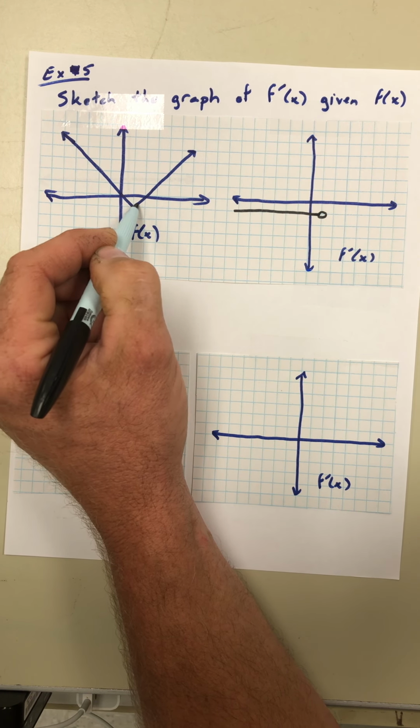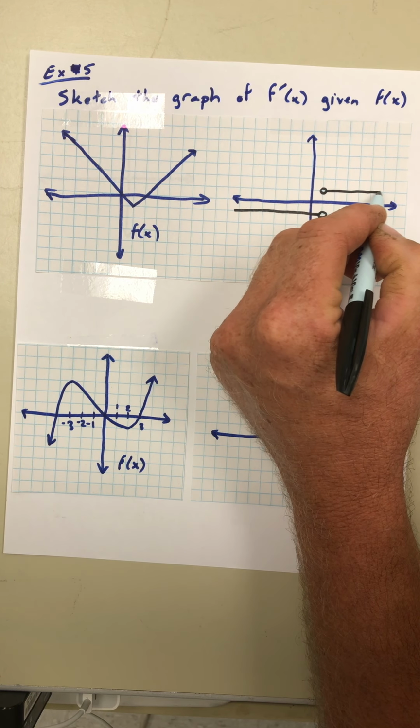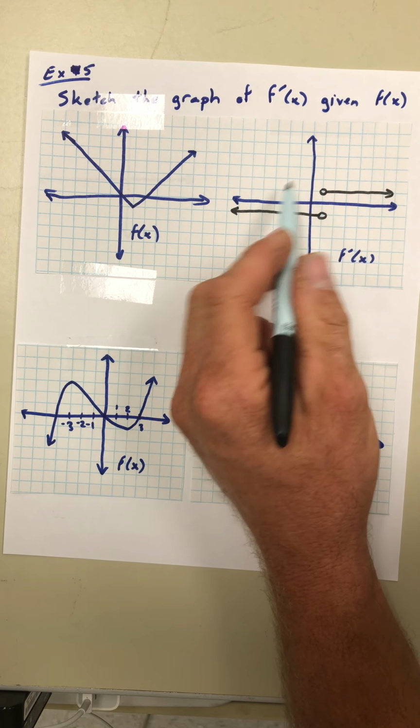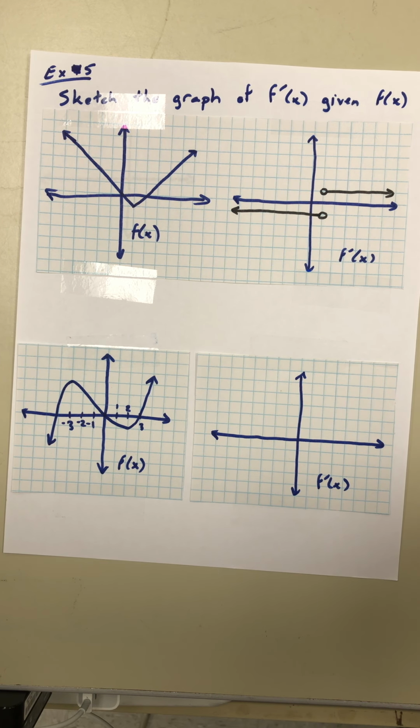When we get to this point, it switches to being 1. So that's going to be the graph of f prime of x. That hopefully looks a little bit familiar to you from your note cards as we did last year.